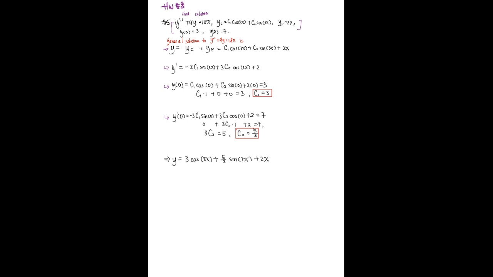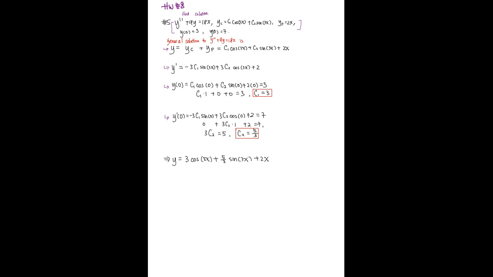Yeah, sure. For example, the non-homogeneous equation, like the one given here for number 5, y double prime plus 9y equal to 18x, which is not equal to 0. It's equal to some constants or variables like 18x.